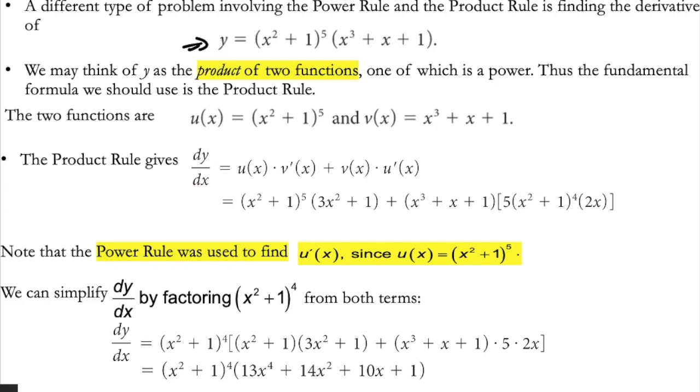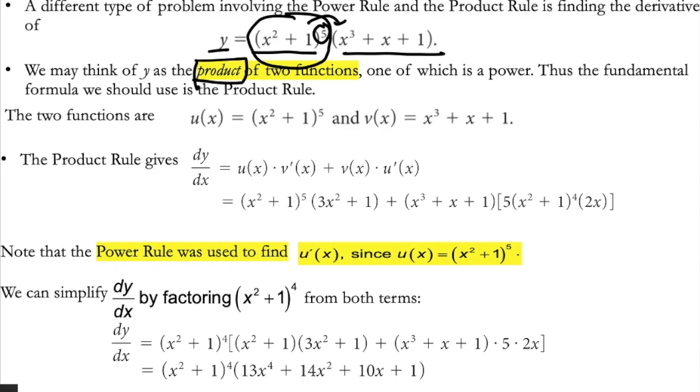We consider this as a function of y. So here you can see the function of y consists of two parts, the first one and the second one. And these two are next to each other and they are multiplied. Because they are multiplied, we can consider that y as a product of two functions multiplied. Okay, so and then the first one here is with the power, which is 5.